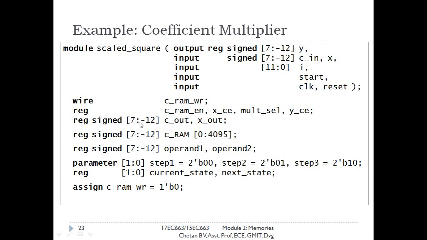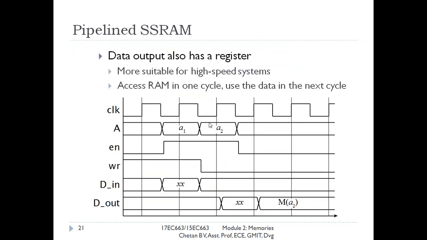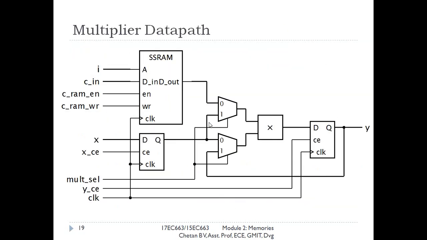Register signed [7:-12] Cout, X out. These are the intermediate signals to store the output of the coefficient memory and the X register.